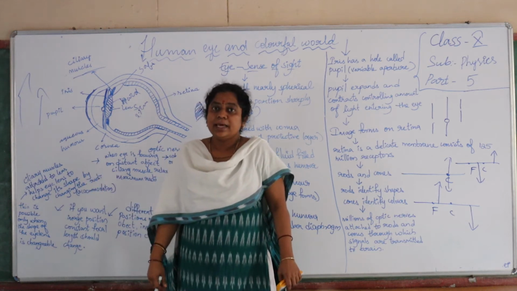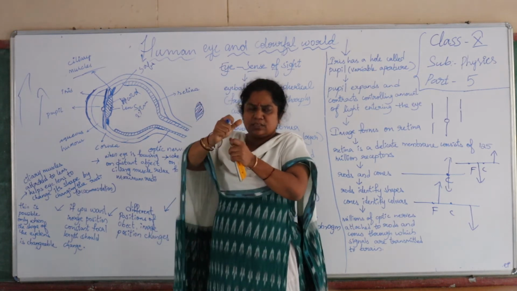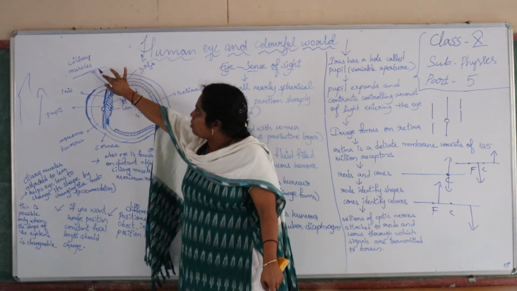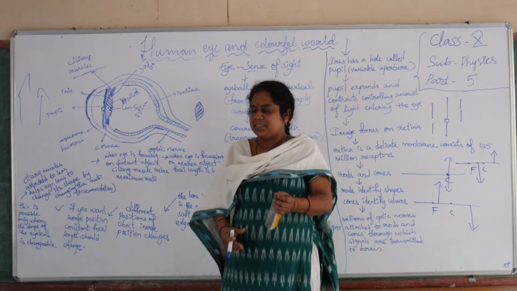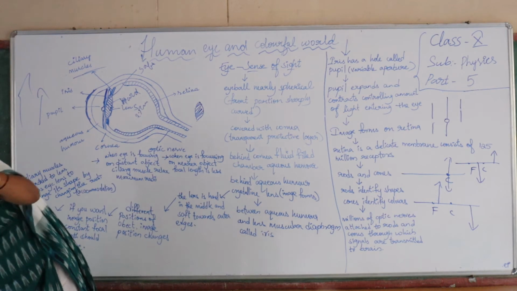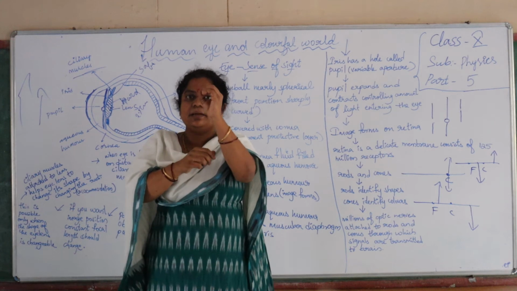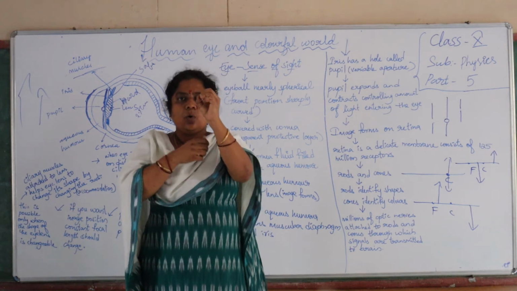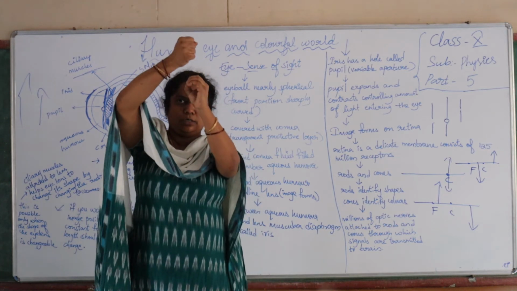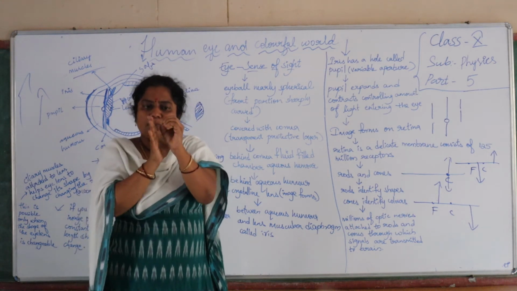What will the lens do? Ciliary muscles are attached to this lens. Suppose this is the lens, and here the ciliary muscles are attached. These ciliary muscles will be stretched, pulled out, when a person is seeing a nearer object.